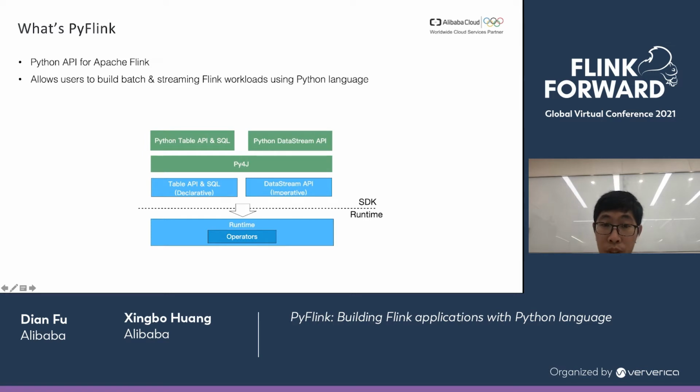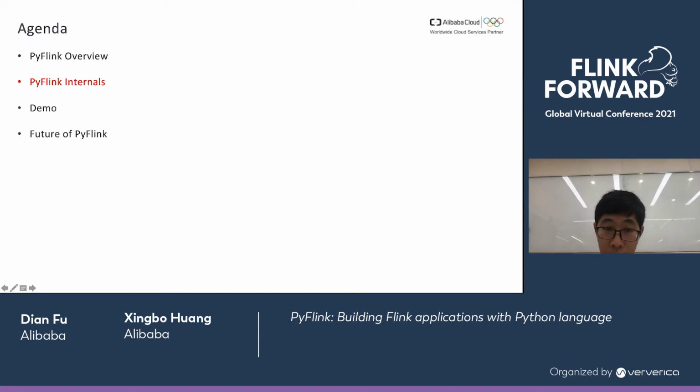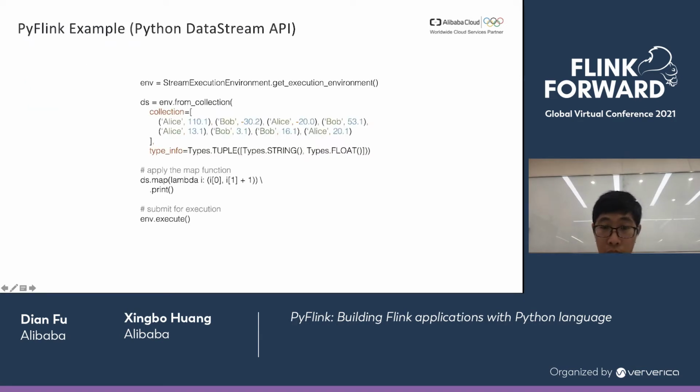Now we have briefly got to know PyFlink. Next, let's take a closer look at some of the internal design of PyFlink. Firstly, let's take a look at a very simple PyFlink job. At the beginning, we create a stream execution environment and read data from a collection, and then we apply a custom map function.